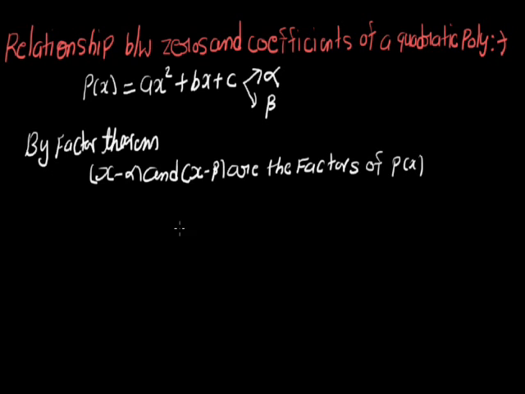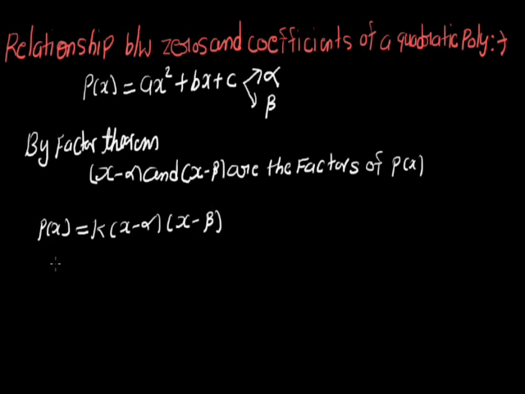Okay, now how can we write p of x? p of x can be written as k times x minus alpha into x minus beta.